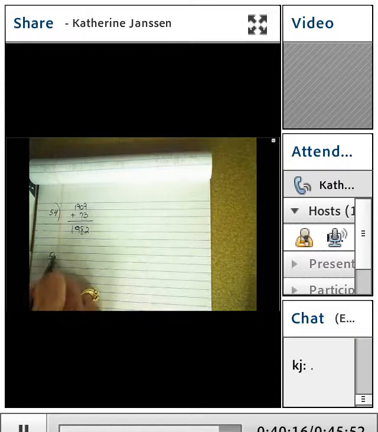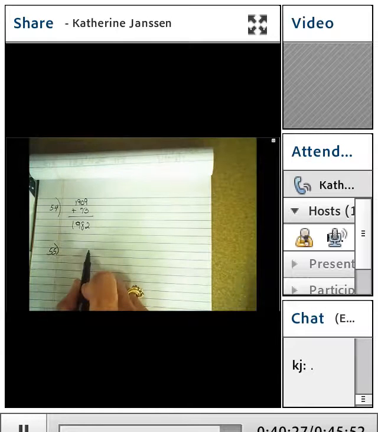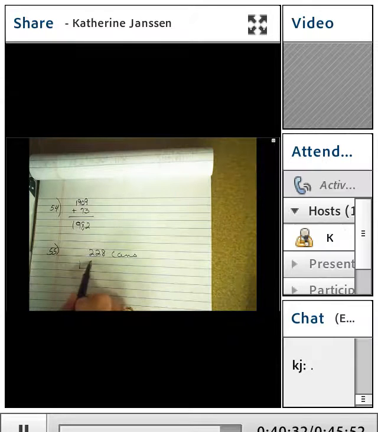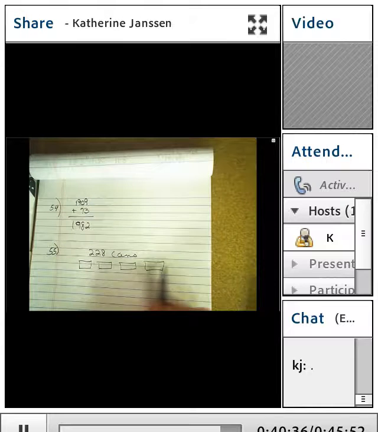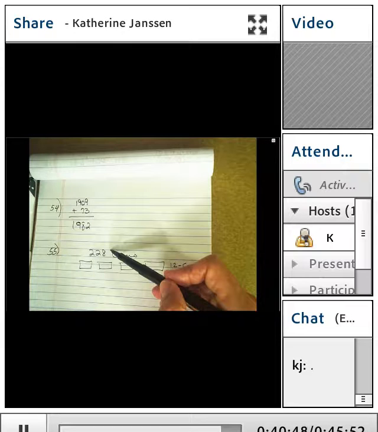And number 55 on page 81. A beverage company packed 228 cans of soda into 12 can cartons. How many cartons were filled? So we have 228 cans, and we're going to package them in a 12 can carton. So how many of these 12 can packages can we package using the 228 cans?